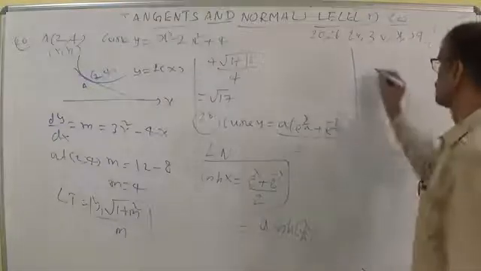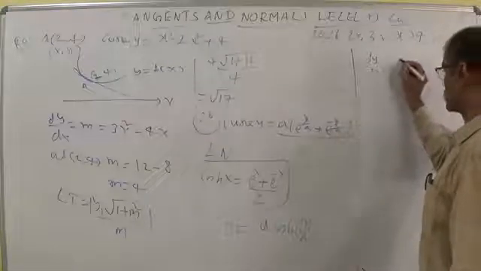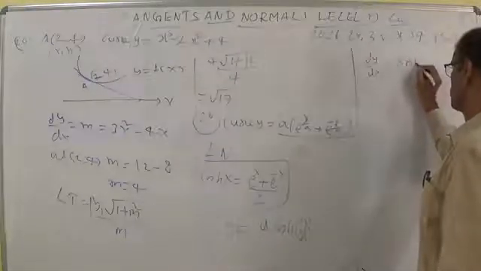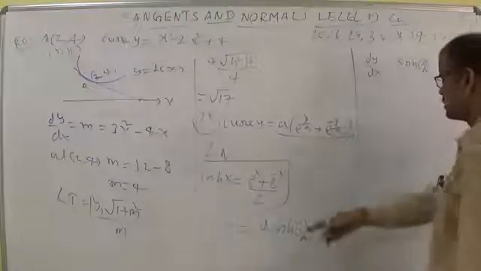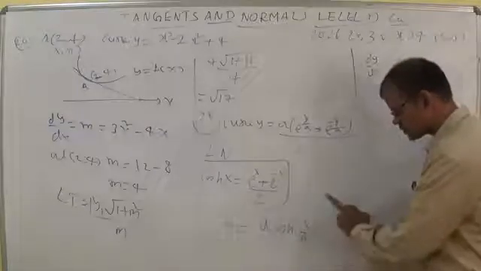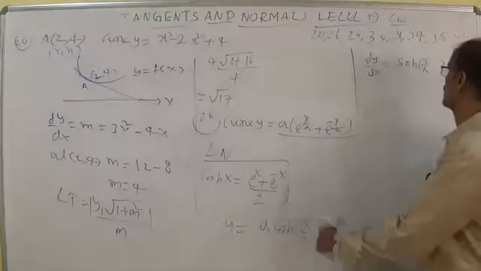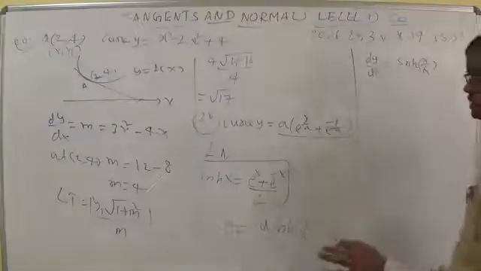Differentiating both sides, dy by dx is equal to sin hx by a. For the derivative, the internal derivative 1 by a also comes, and the a's cancel. So dy by dx is sin h of x by a.